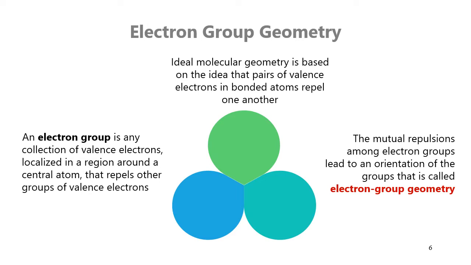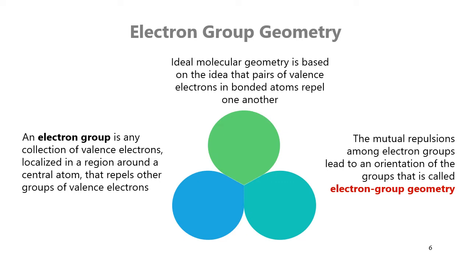And ideal molecular geometry is based on the idea that pairs of valence electrons in bonded atoms repel one another. Why? Because it's electrons and electrons, the same charge, so they repel one another. The mutual repulsion among electron groups leads to an orientation of the groups, and this is called electron group geometry.